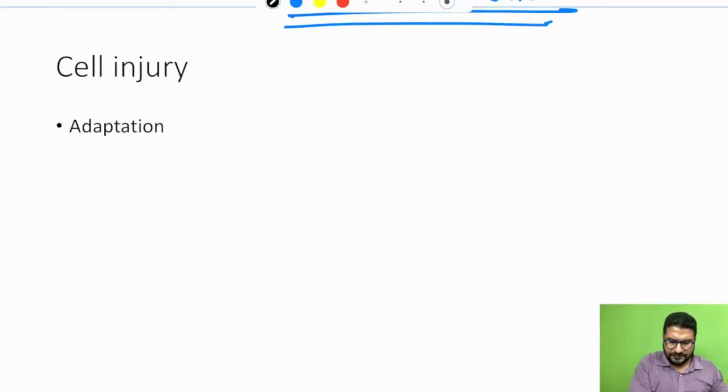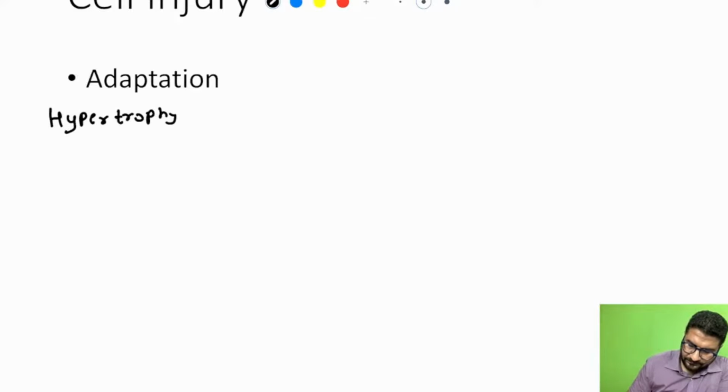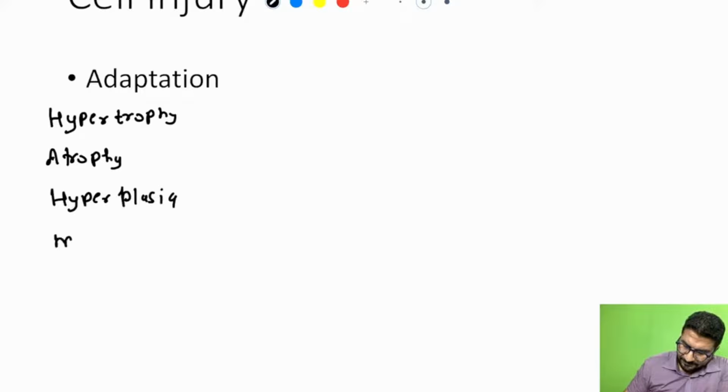So they ask you questions on different adaptations. So what we have in adaptation: hypertrophy, atrophy, hyperplasia, metaplasia.